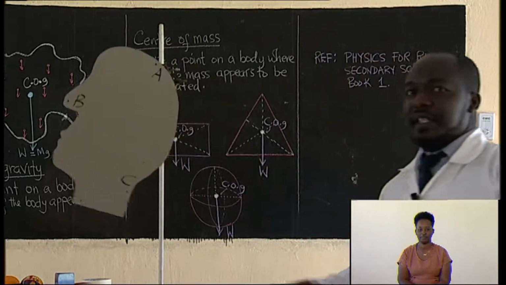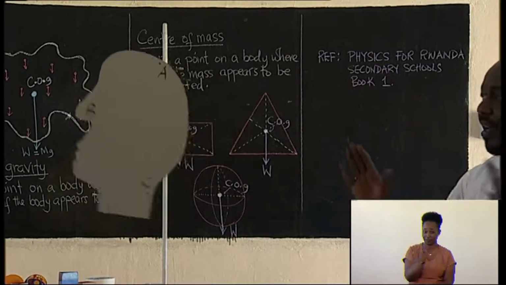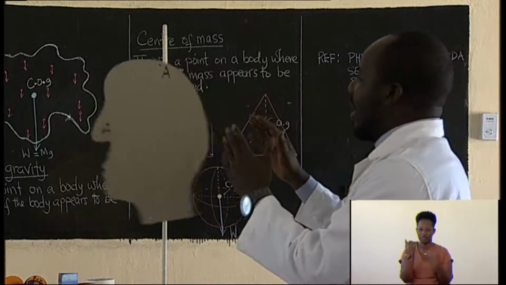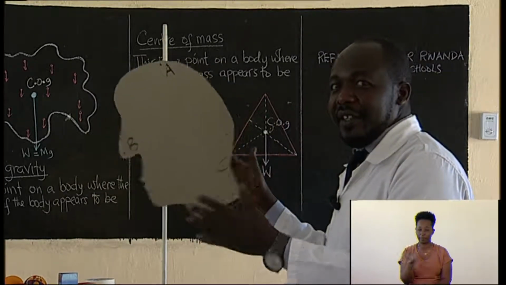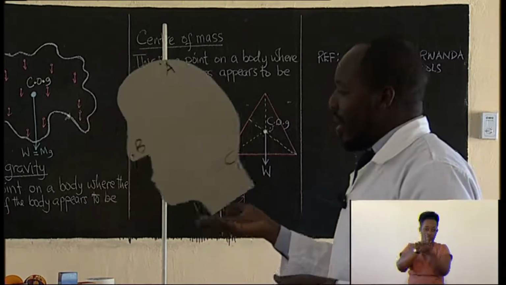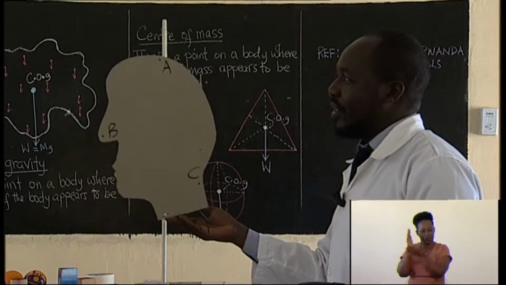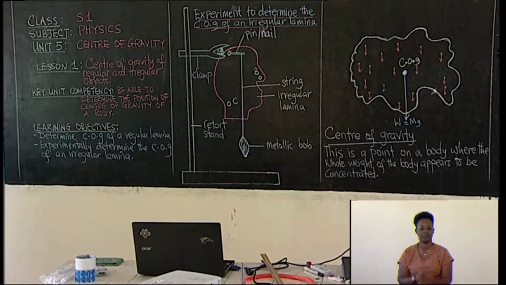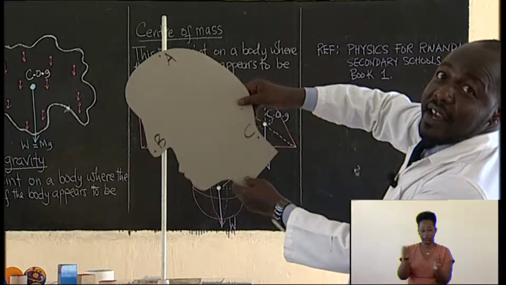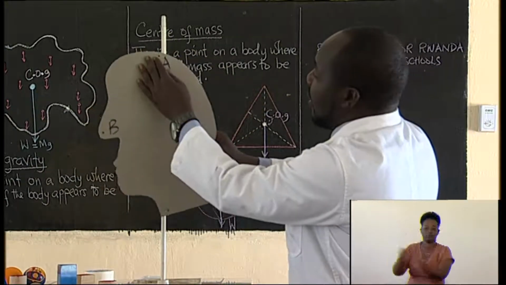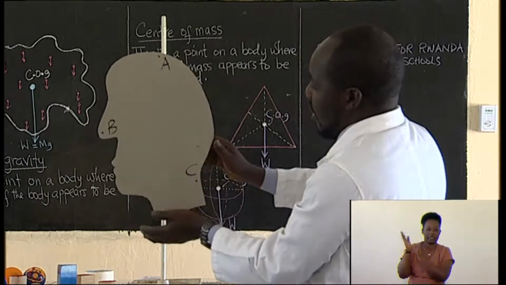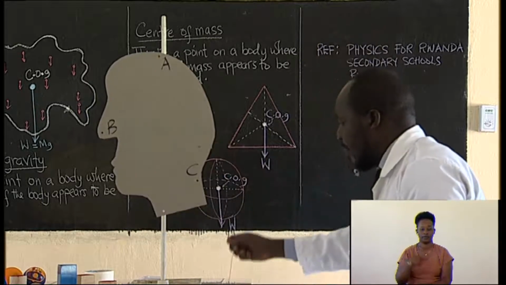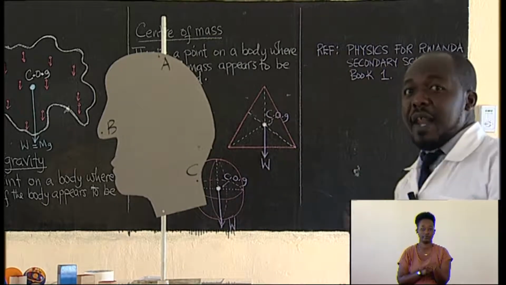So you see that it's swinging. Let it swing until it comes to rest. In the interest of time, I am going to help it to come to rest. Remember, I can't force it to rest here, can I? So let me just force it to come to rest so that we can save some time. Then we have a plumb line.